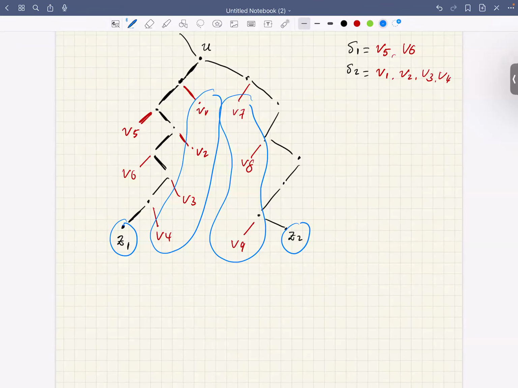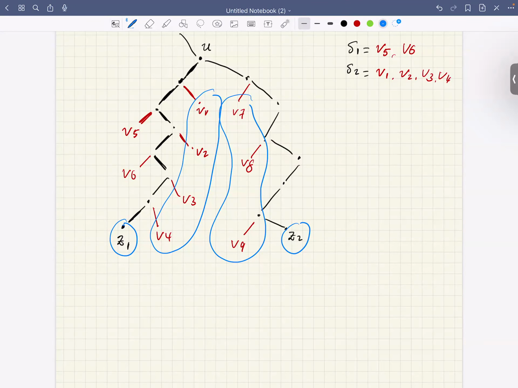You want to identify this LCA first, and I told you before this is doable in constant time. Now you look at this Z1 U pair and its S2 set. Why am I looking at S2? Think about how I created the canonical nodes before. That's why I wanted to show you those 6 nodes in my earlier example.